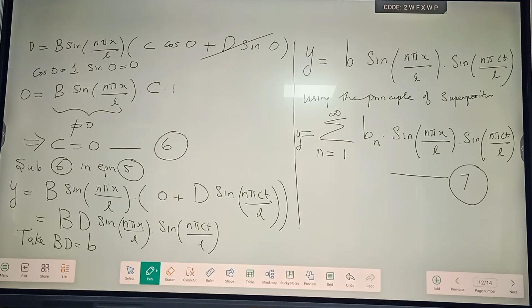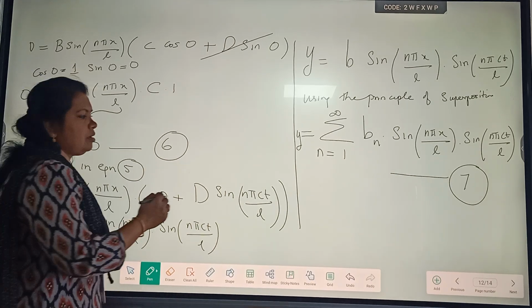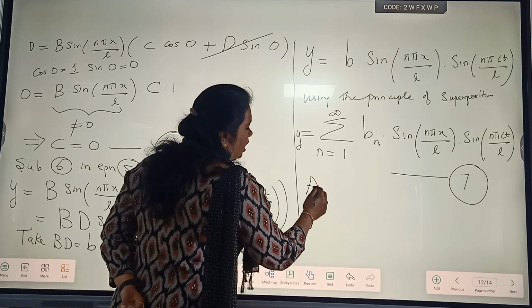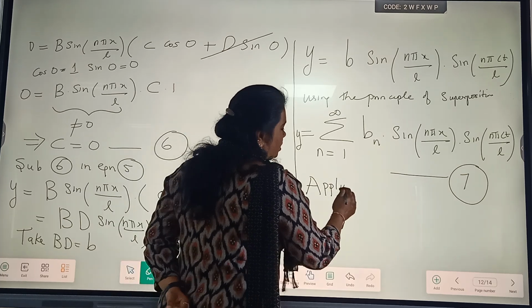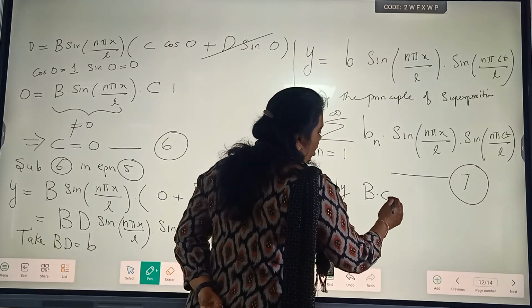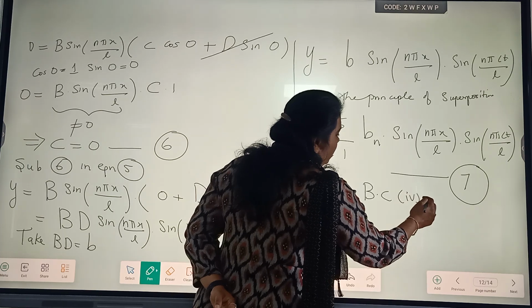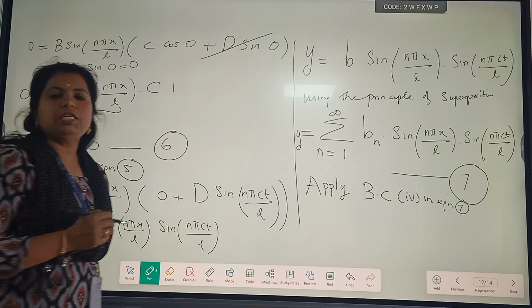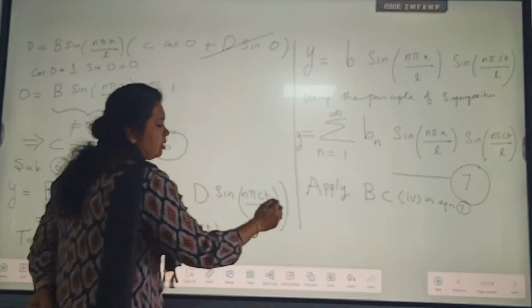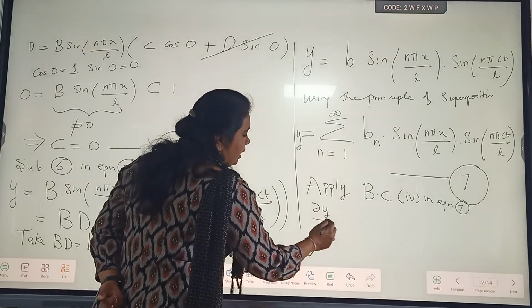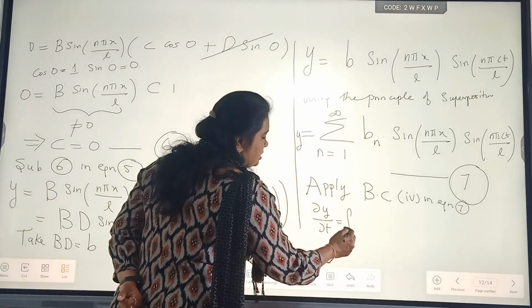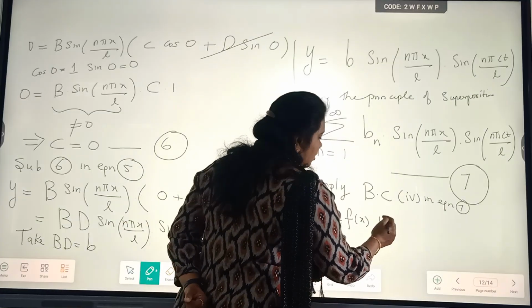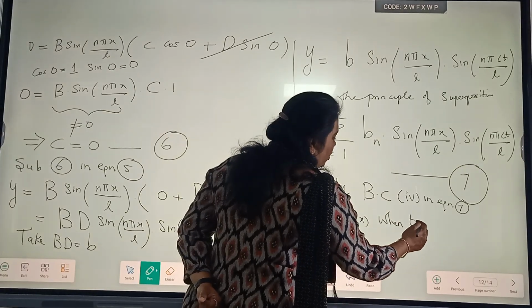Now what is the fourth boundary condition? We have to differentiate partially. So apply 4 in equation 7. What is my fourth boundary condition? Dou y by dou t is f of x when t equal to 0.